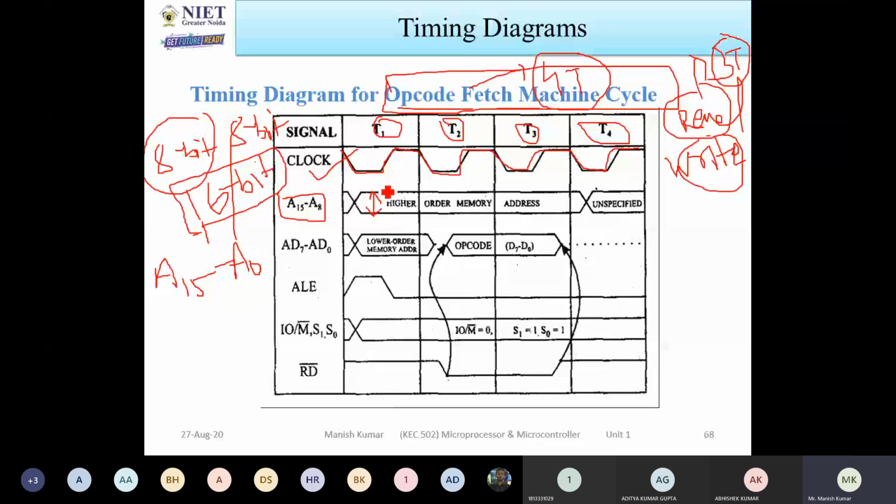With the help of a bus, you can send more than 2 signals at a time. So I am sending 8 bits. Okay. So we are using a bus, not signals. So this A15 to A8, this 8-bit higher order memory address, you can send by this bus.